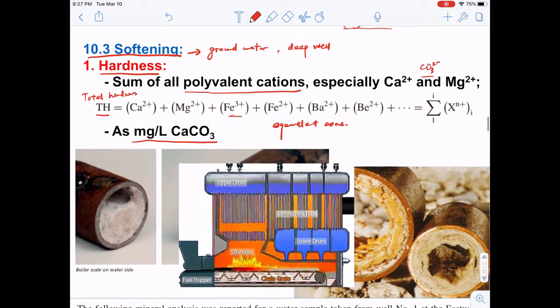Here I have a few images of how hard water can affect our daily life. For example, for the pipes that are transporting this water, once they form these scales or sediments, they get attached onto the wall.